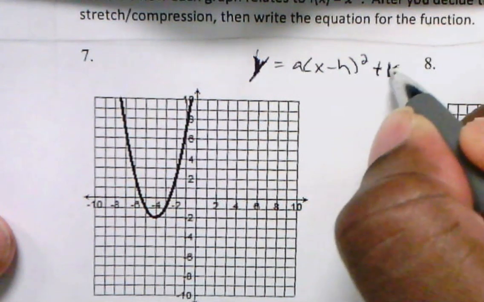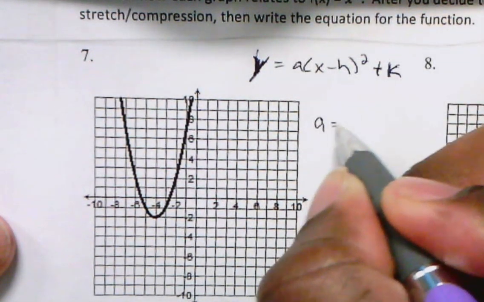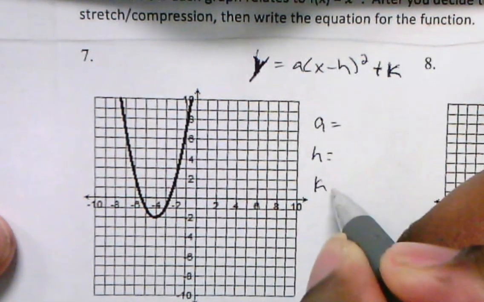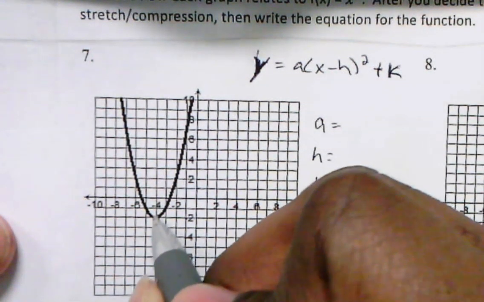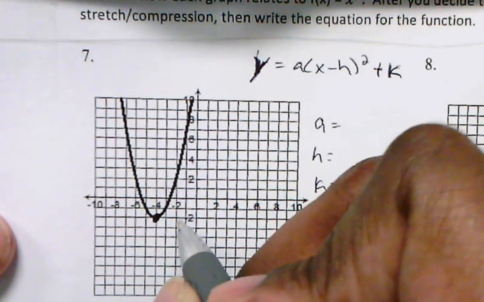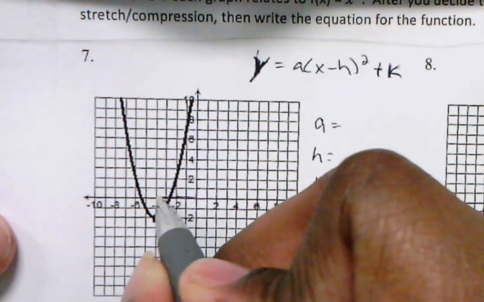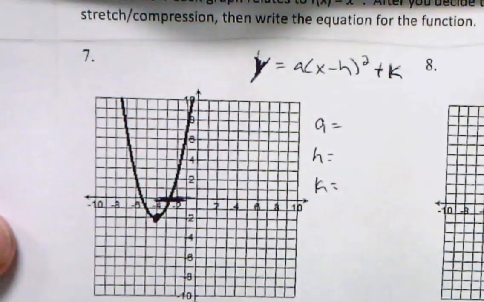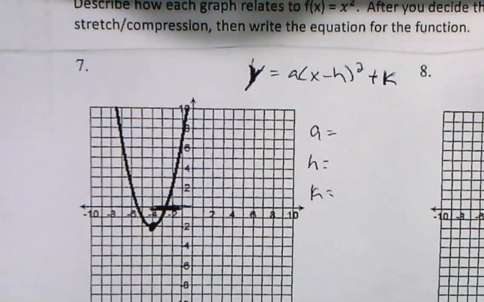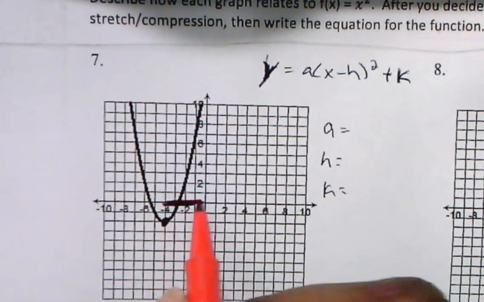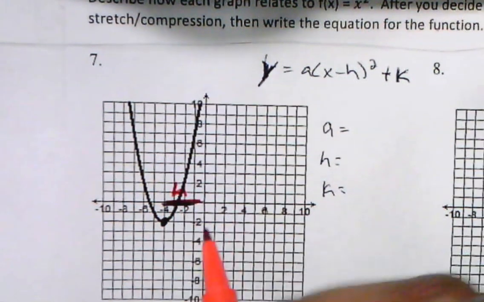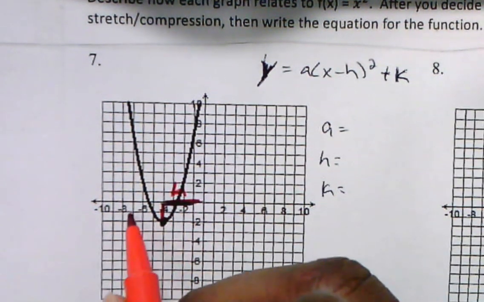If I'm going to write that transformation, I need to know what a is, what h is, and what k is. h and k is the vertex, so it's a coordinate for the vertex. How far I go over is the h value, and how far I go down is the k value. This direction over is the h value, and the direction you go down is your k value.